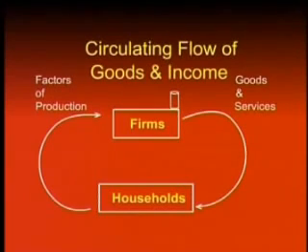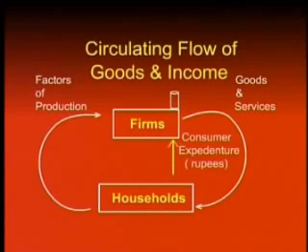In the process, exchange takes place. In a money economy, as opposed to a barter economy, and I'll explain what a barter economy is in a short while, firms exchange goods and services for money. In other words, money flows from households to firms in the form of consumer expenditure, while goods and services flow the other way, from firms to households.